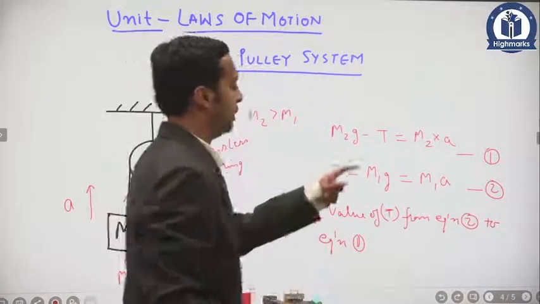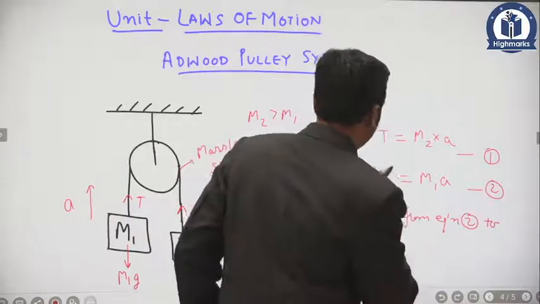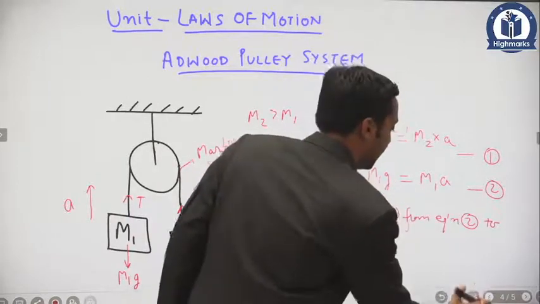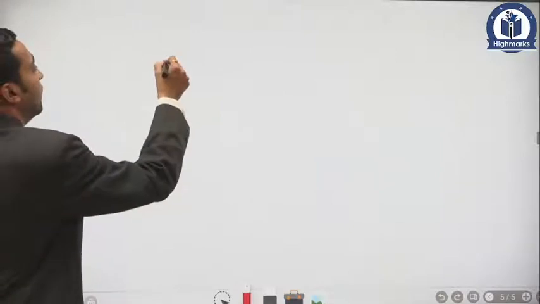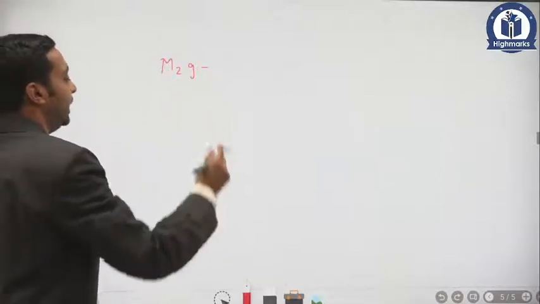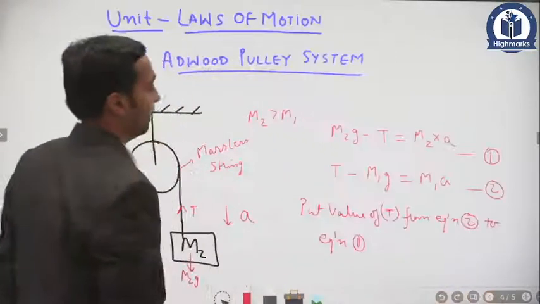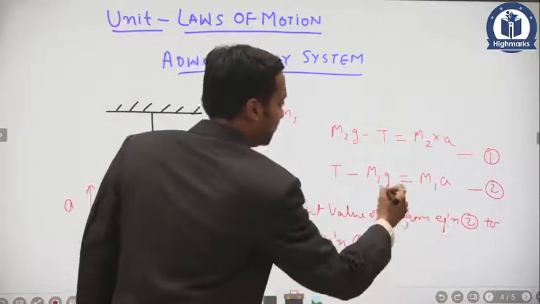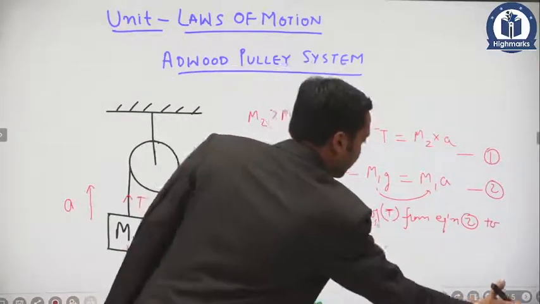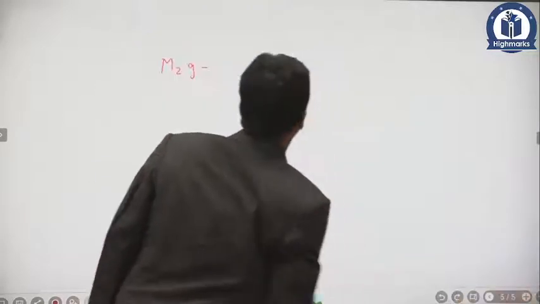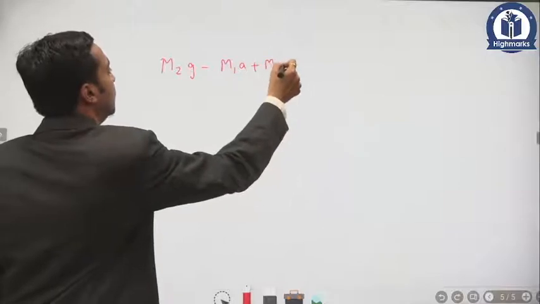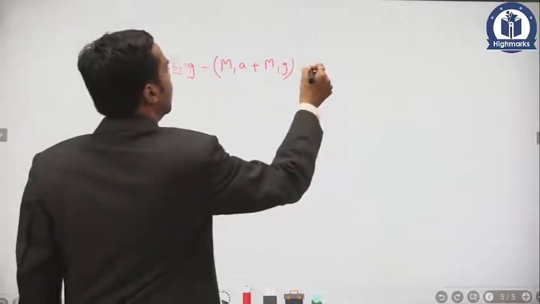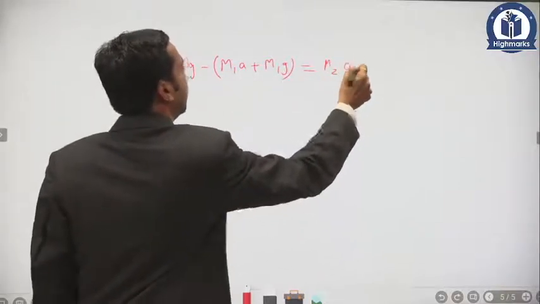So we will get here M2g minus M1a plus M1g, I will take this side, so M1a plus M1g is equals to M2a, right?